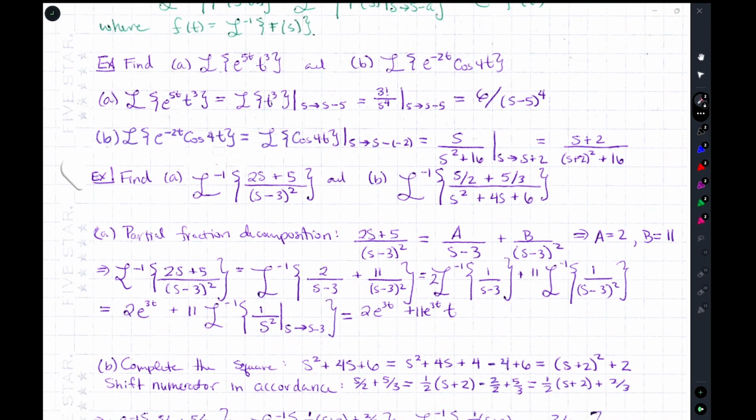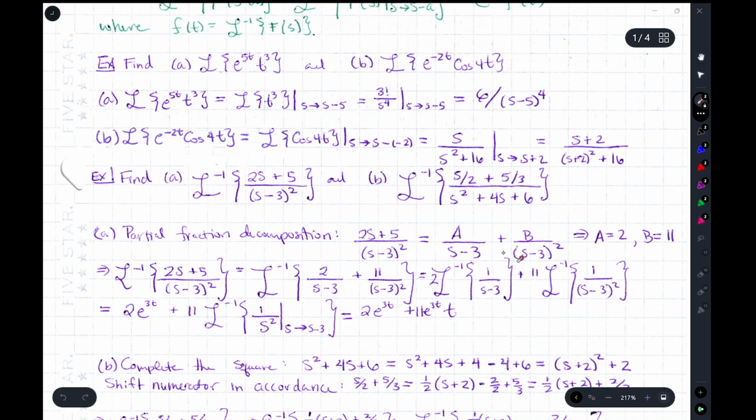We could also look at examples in inverse form. So here we want to compute this for a. So what are we going to do when we see something like this? Well, the first thing you're going to do is partial fraction decomposition, okay?